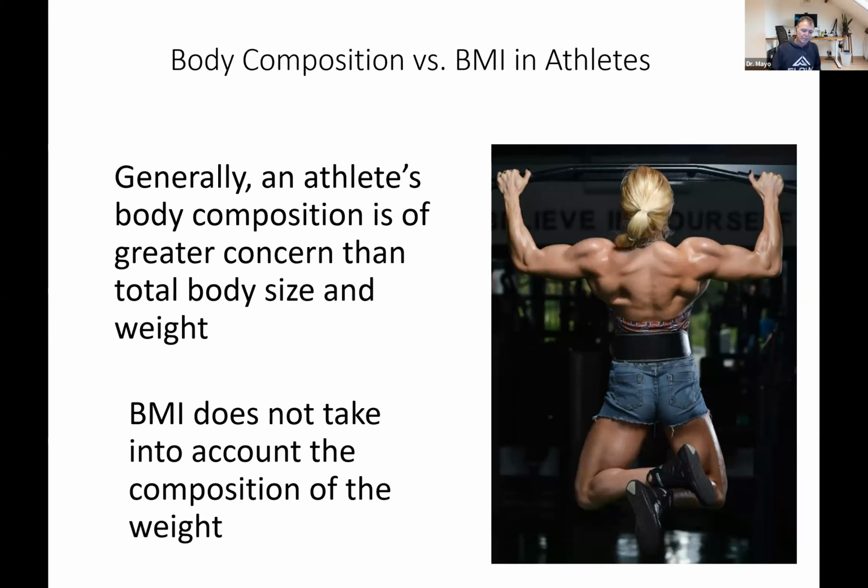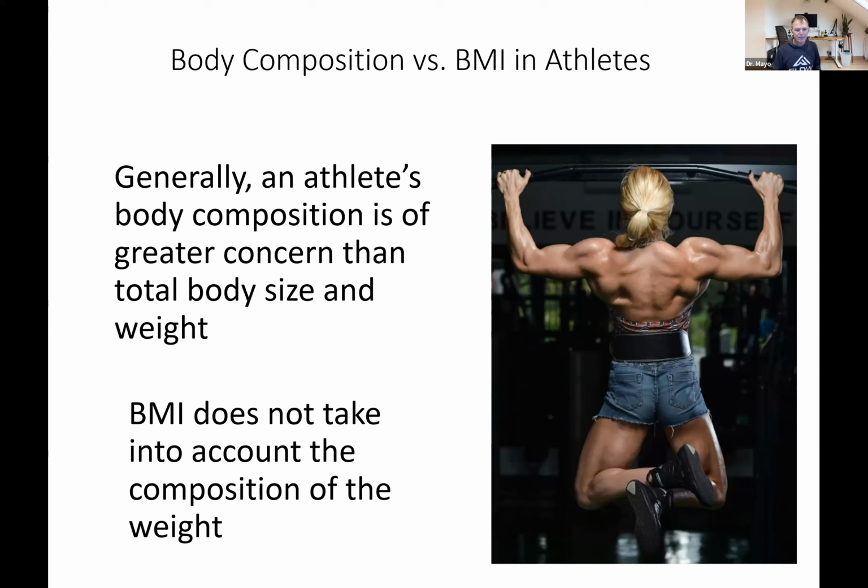We also talked about BMI and the differences between body composition and BMI. BMI just looks at height and weight, so you don't get a full picture of what the body is composed of. Is it more fat? We know that the more fat mass you have, the greater your risk of disease.